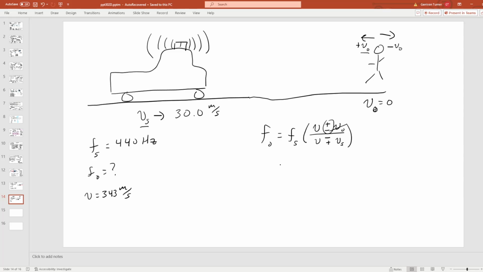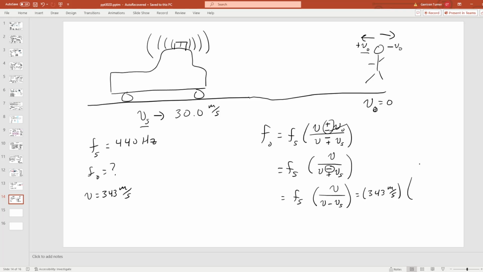All right. So that reduces our formula to this, and we want to take the minus. And now we can plug in. So this is 343 meters per second, and notice that this ratio is unitless.